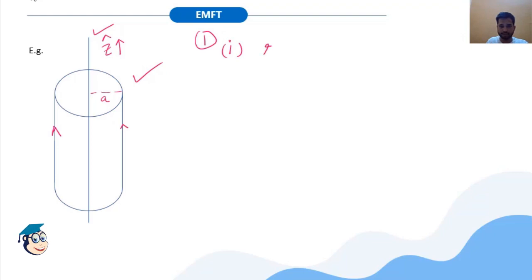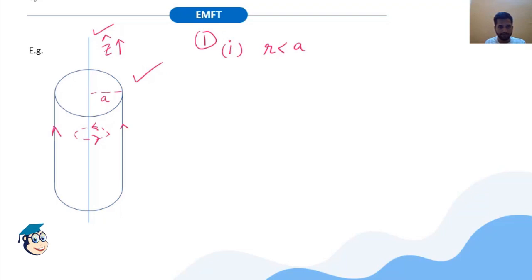The first sub case is r less than a, that means inside the cylindrical wire. If I am talking about inside, then I have to draw an Amperian loop inside the cylindrical wire. Let's say this is the Amperian loop, and we have to integrate over this loop.